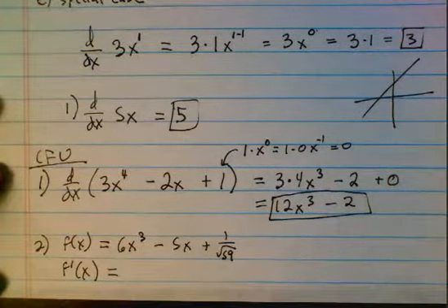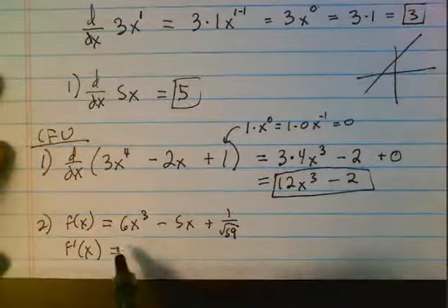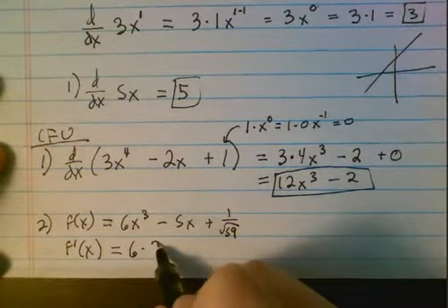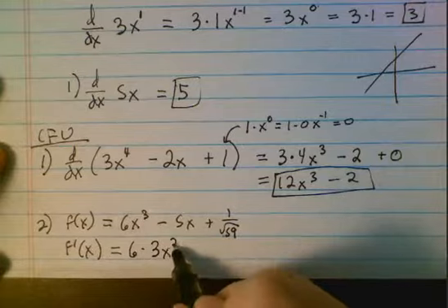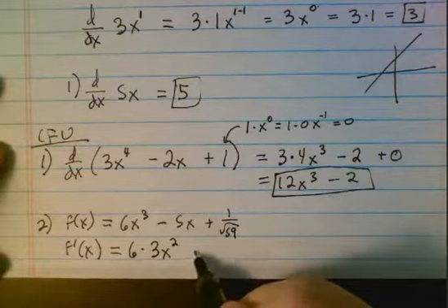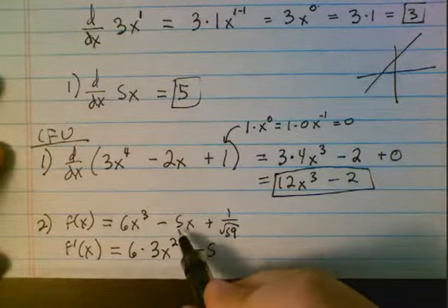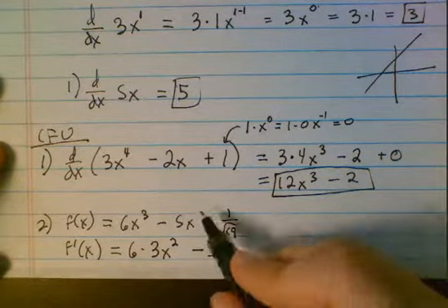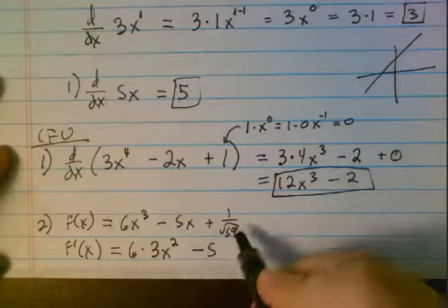Pause the video now. Same as above, we do each one separately. This 6 is along for the ride. Subtract 1 from the exponent. This negative 5 is along for the ride. We bring down the 1 and subtract 1 from the exponent, so this is x to the 0 and it goes away.